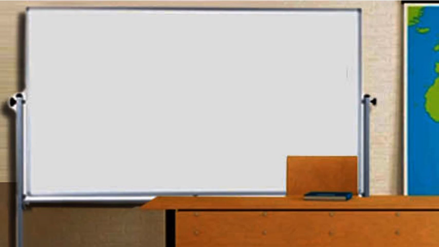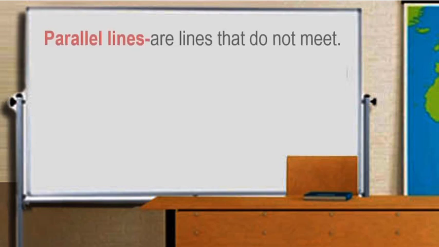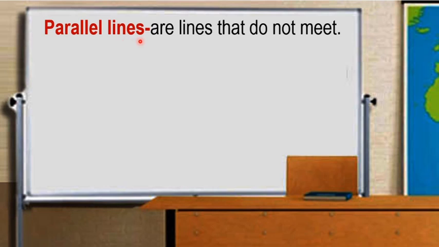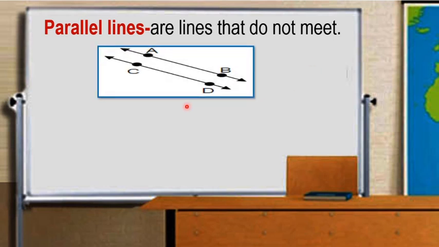Now, let's proceed to our discussion. First, we have the parallel lines. When we say parallel lines, these are lines that do not meet. Now, let's have our illustration. Okay, we have two lines, line AB and line CD. Try to look at our illustration. What can you say about the two lines? Correct. Two lines do not intersect.